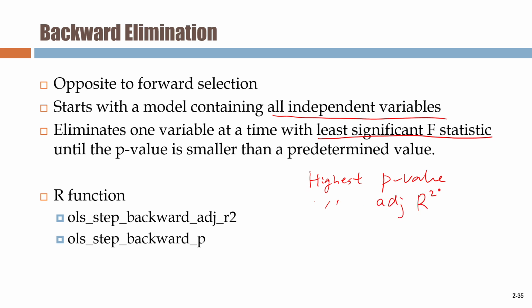You can just try one by one, and then which one should I remove? Then we can get a higher adjusted R square. So again, this criterion can be different. But anyway, we start with a full model, and then you just eliminate one by one, until a certain criterion is met.